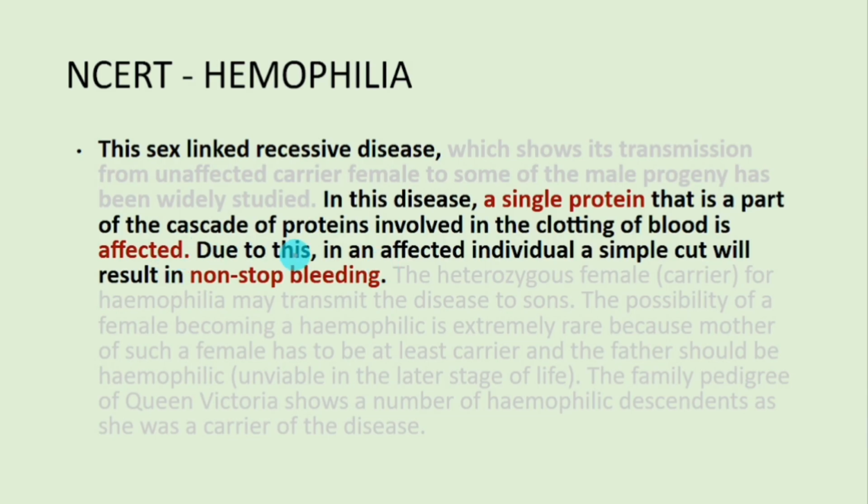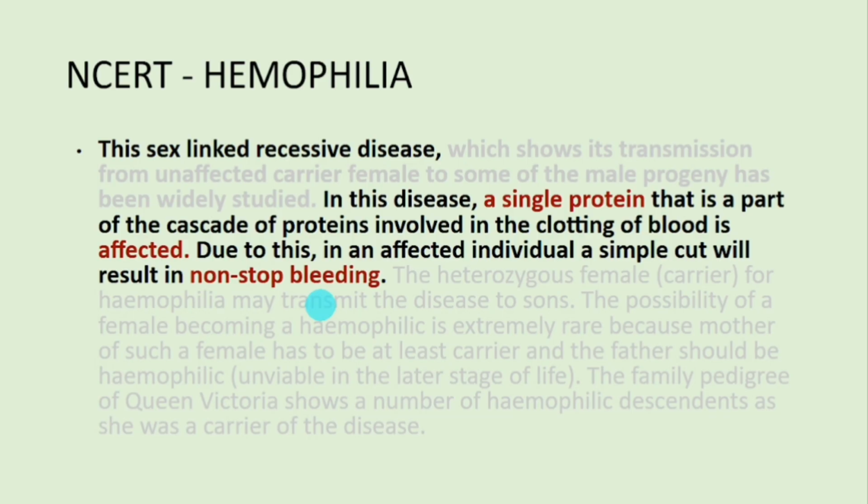So cascade of protein means, the literal meaning of cascade is waterfall. So you have many different proteins, total 12 different clotting factors, and they get activated sequentially. So one factor gets activated and in turn it will activate another factor.